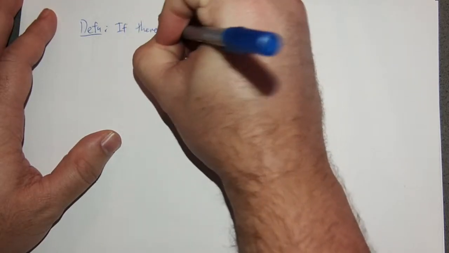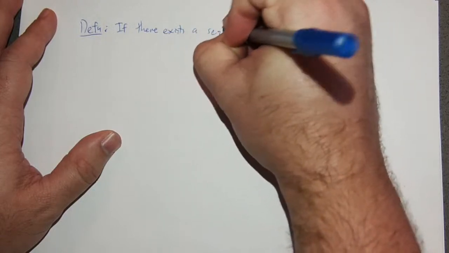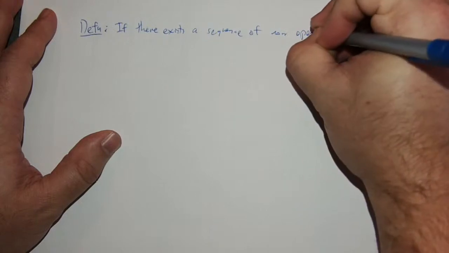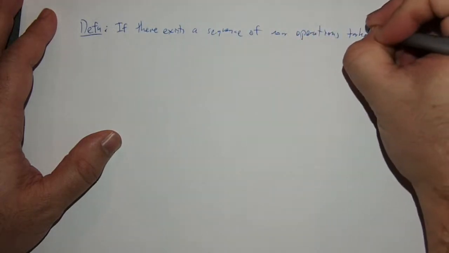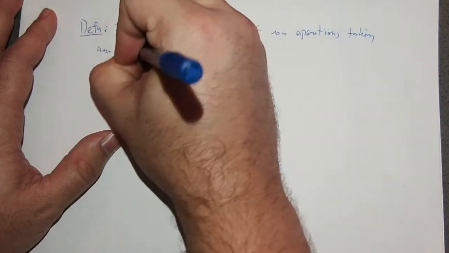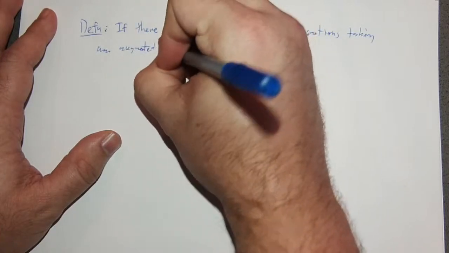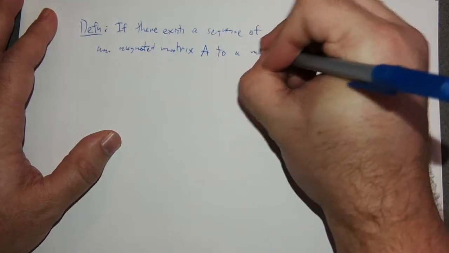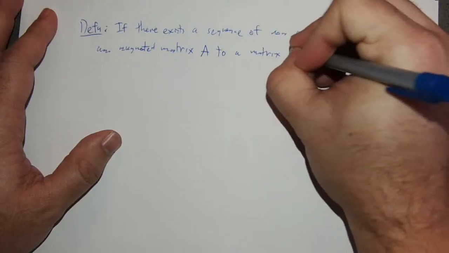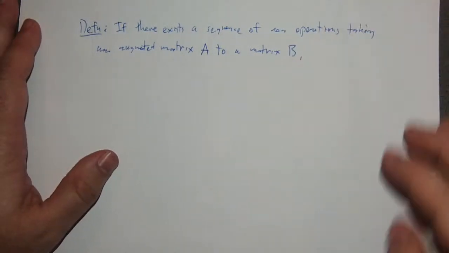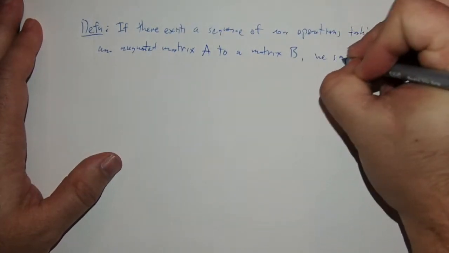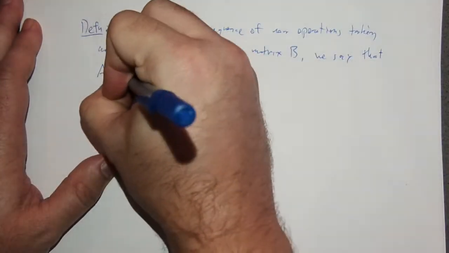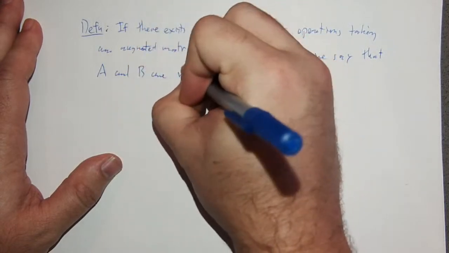a quick definition. If there exists a sequence of row operations taking an augmented matrix A to a matrix B, we say that A and B are row equivalent.